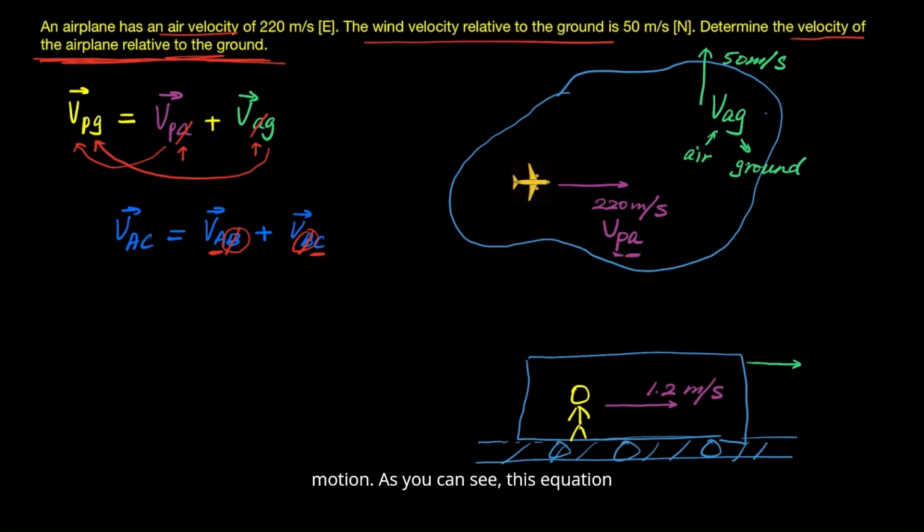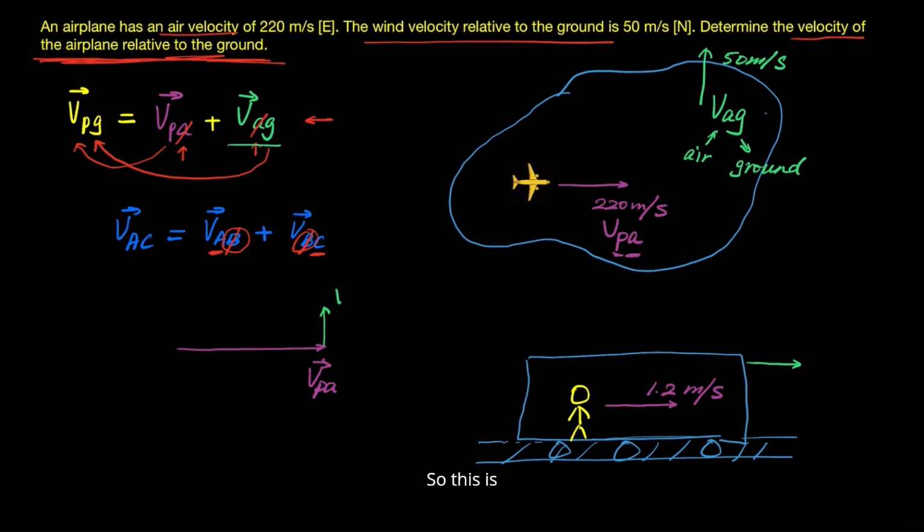As you can see, this equation is addition of two vectors. We can't simply add the numbers together. So let's draw this out to see what it looks like, and then we turn this into something that we can solve algebraically. Now, we know that the air velocity, VPA, is a vector pointing east with a length representing 220 meters per second. To add the wind velocity, we'll draw a new arrow starting from the very tip of our first vector and has a length representing 50 meters per second.